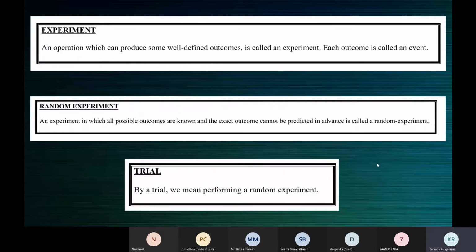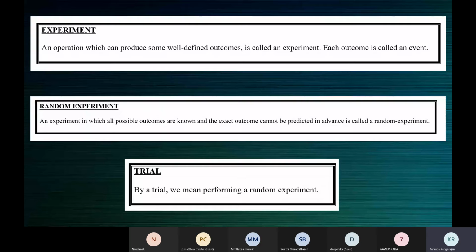Now let's understand certain terms used in this particular concept, probability. What is an experiment? Experiment is not the experiment which we do in the physics or chemistry lab. An operation which can produce some well-defined outcomes.